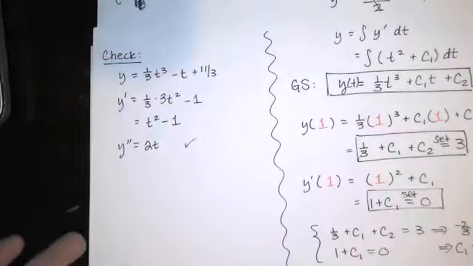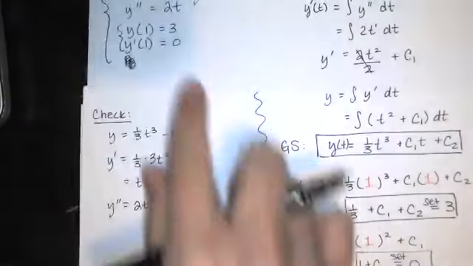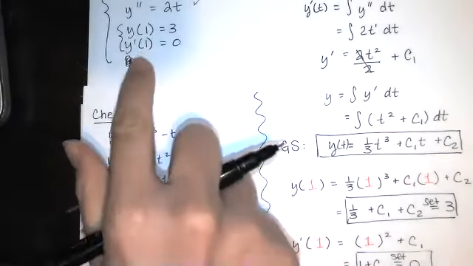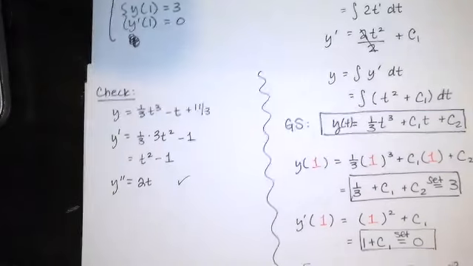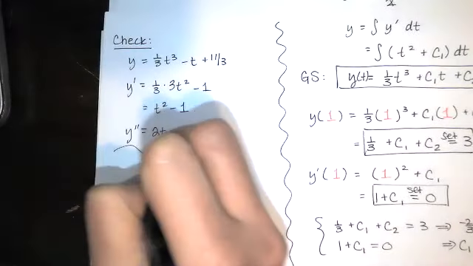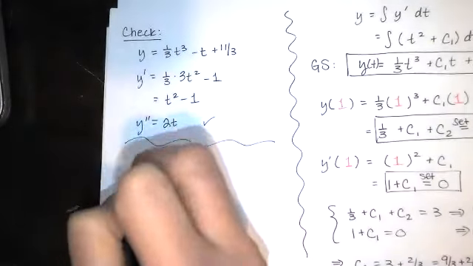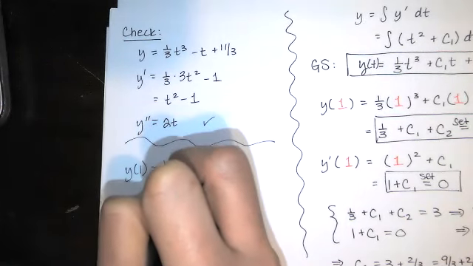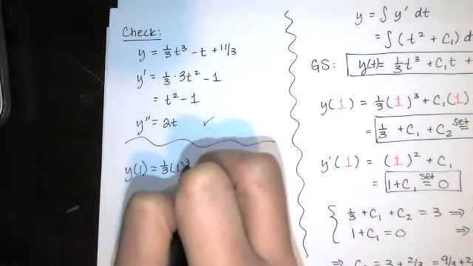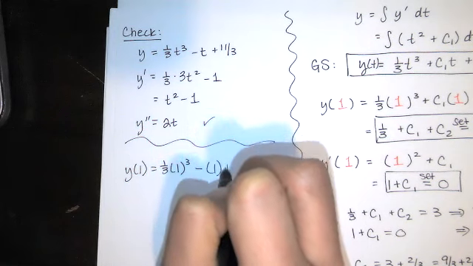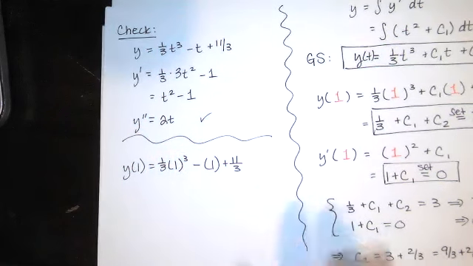That's good. Checks out. The differential equation is satisfied. And y of 1 is supposed to be 3, and y prime of 1 is supposed to be 0. So let's check that. Y of 1 is 1/3 times 1 cubed minus 1 plus 11/3.